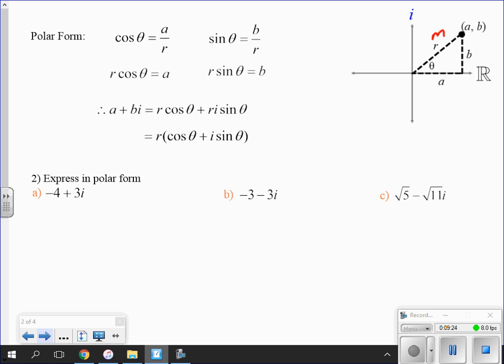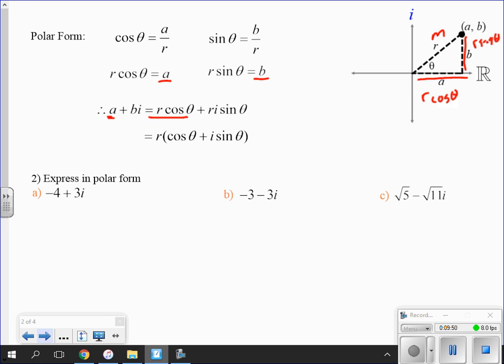Multiply everything by R, both sides by R. I get R cosine theta is equal to A. So A is equal to this distance here, which is R cosine theta. This distance here is equal to R sine theta. So A is equal to R cosine theta.